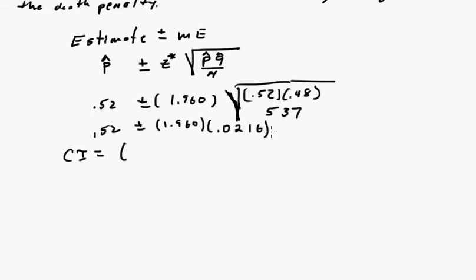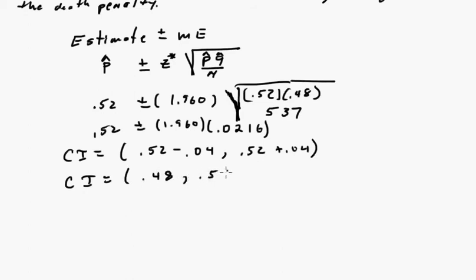So we get 0.52 minus 0.04, 0.52 plus 0.04. So we get 0.48 to 0.56.